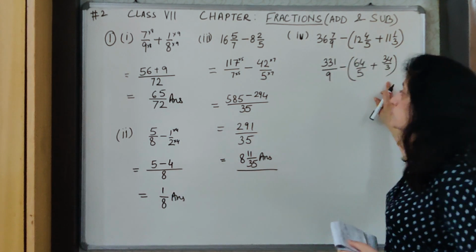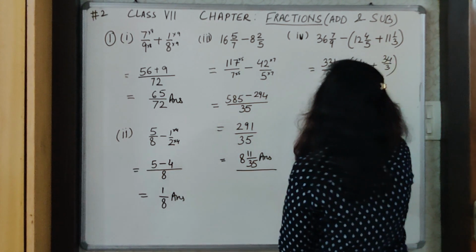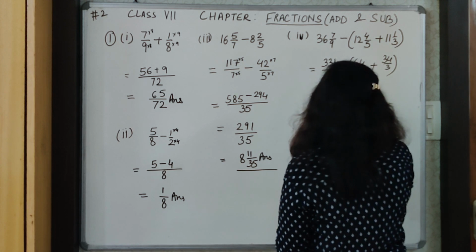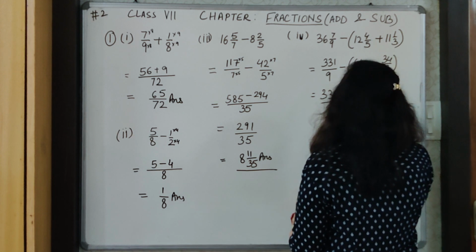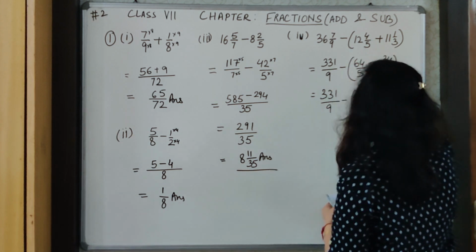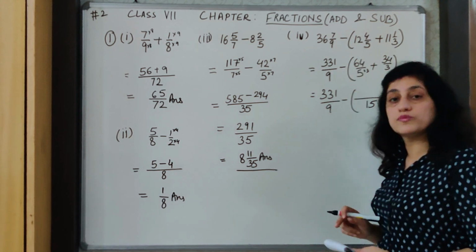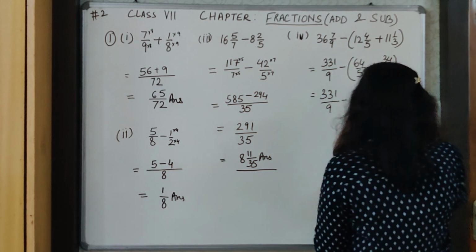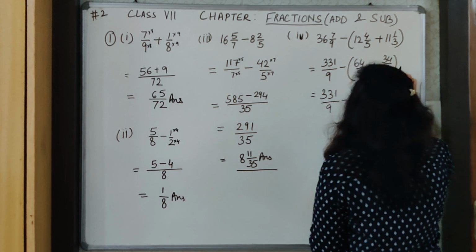Okay, now first we'll solve this bracket and then move on to the opening of the bracket. So next is 331 upon 9 minus, taking the LCM of this, which will be 15, and now 5 into 3 will make it 15. So 64 will also be multiplied by 3, which will give me 192 plus 15.